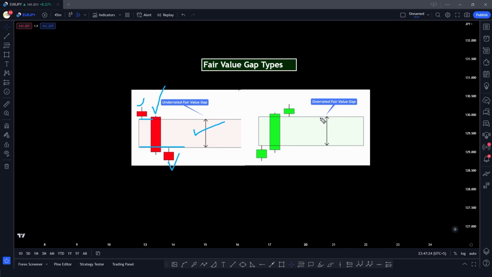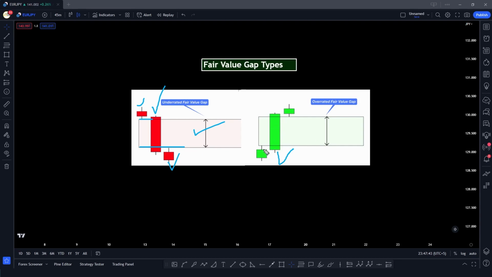In the case of an overrated fair value gap, this means that the security or currency is trading above its fair value. As you can see here, with the formation of this impulsive bullish candle, the market is moving very impulsively or strongly in the bullish direction, and buyers are driving the market.